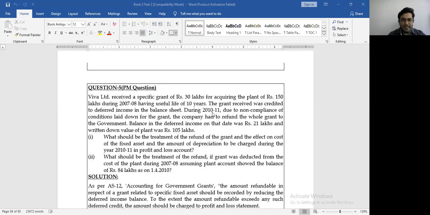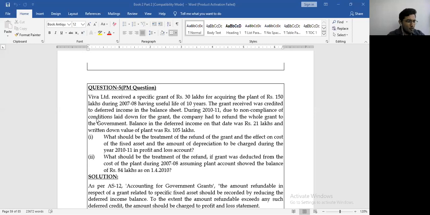During 10-11, how many years have passed? It was taken in 7-8. During 10-11 means 7-8, 8-9, 9-10, after 3 years. Pay attention. During 10-11, due to non-compliance of the conditions laid down for the grant, the company had to refund the whole grant to the government. So what happened after 3 years? The company had to refund the whole grant to the government.